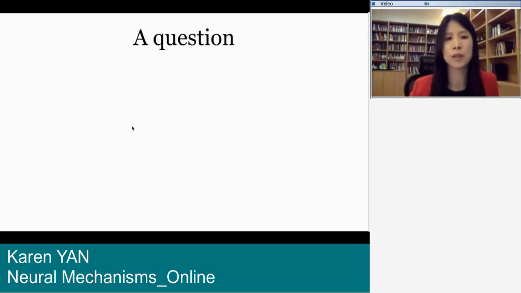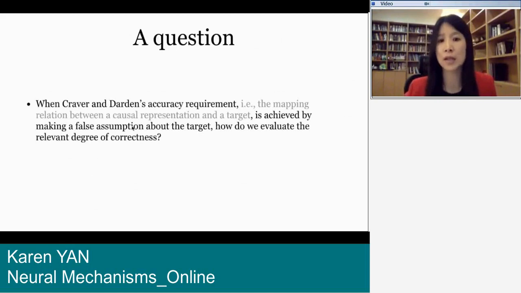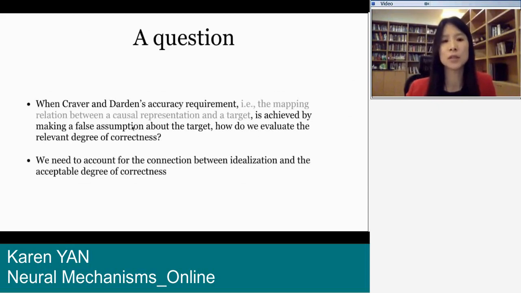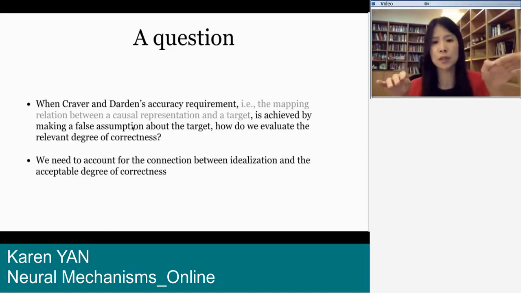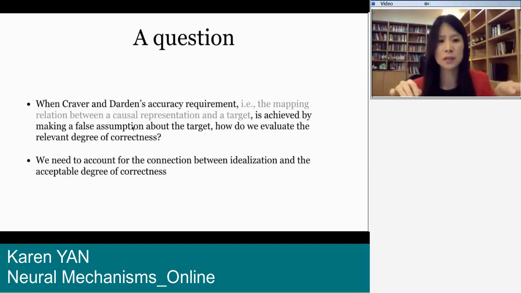Especially think about this question: when Craver and Darden's accuracy requirement, which is that mapping relation, is achieved by making a false assumption about the target, how do we evaluate the relevant degree of correctness? So we need to account for this connection between idealization, saying something false about the system, and the acceptable degree of correctness.